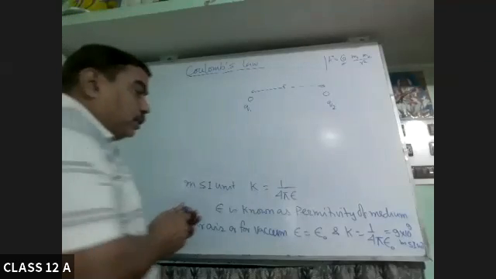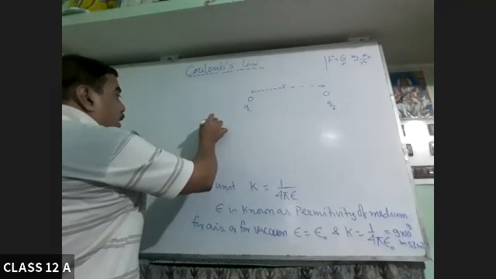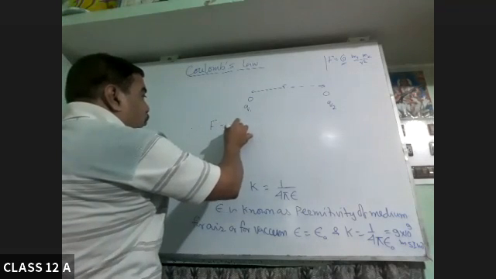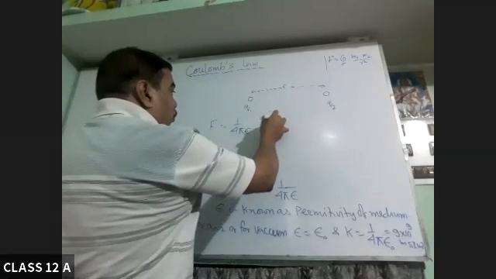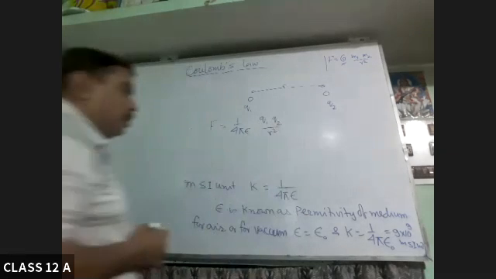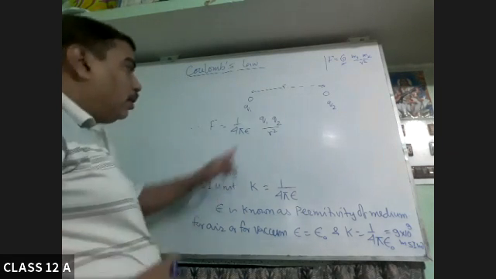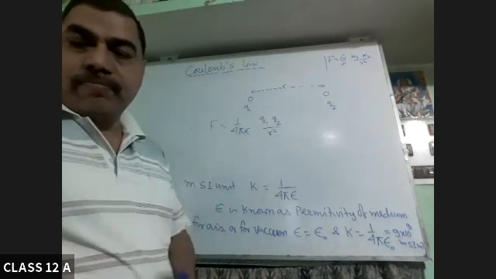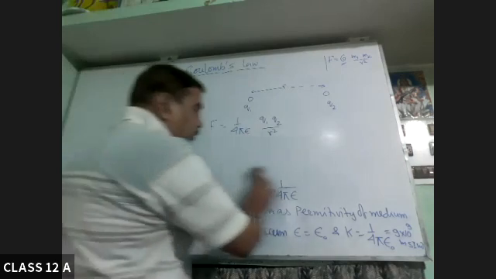So if we are using this, then F will become 1 by 4 pi epsilon Q1 Q2 over R square. Now this epsilon is a new term, so we will find the unit and dimension of this.